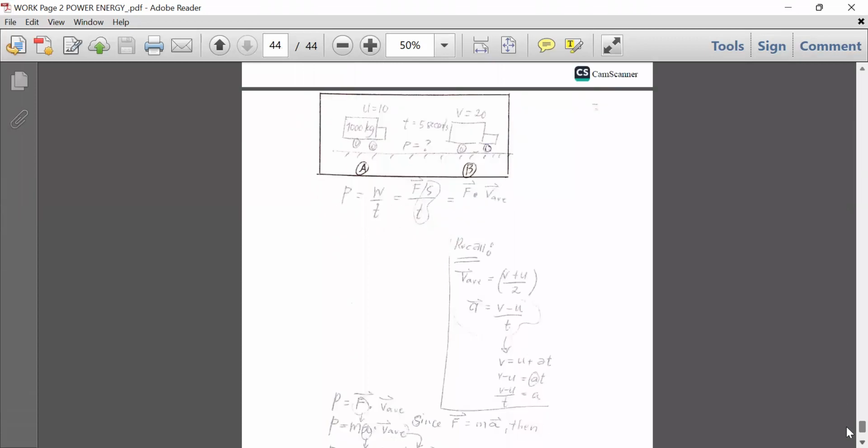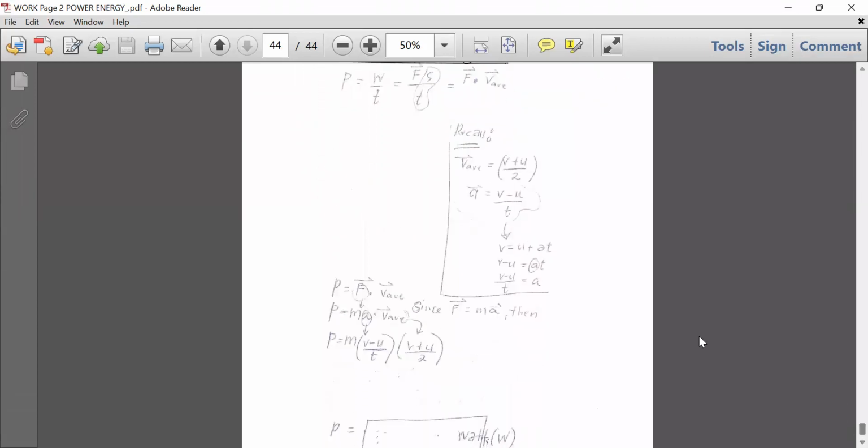Now, recall that average velocity is initial velocity plus final velocity divided by 2. We discussed this in the previous lesson, equations of motion, for objects in uniformly accelerated motion.